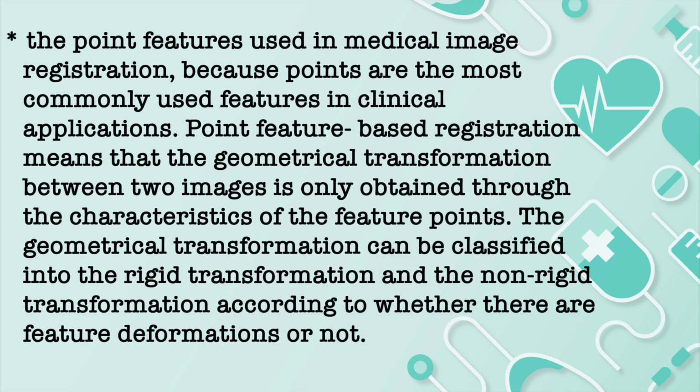feature in clinical application. Point feature based registration means that the geometrical transformation between two images is obtained only through the characteristics of these feature points. The geometrical transformation can be classified into a rigid transformation and a non-rigid transformation according to whether deformations are present or not.